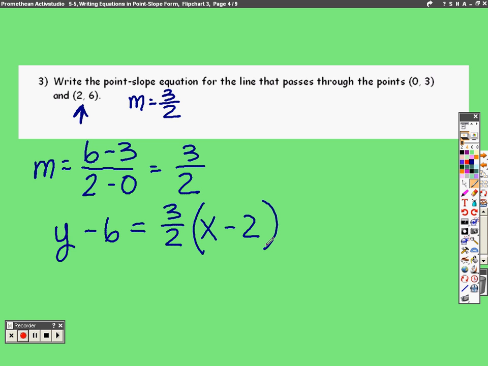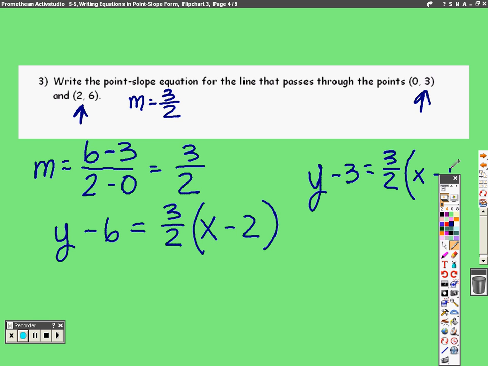Now I could use this other one, the other point, and it would just be the same thing. y minus 3 equals 3/2 times x minus 0.